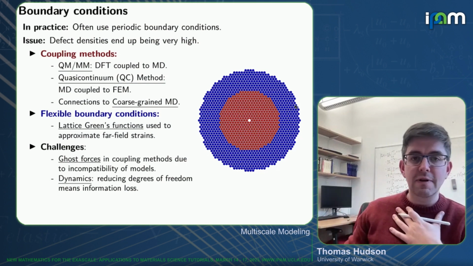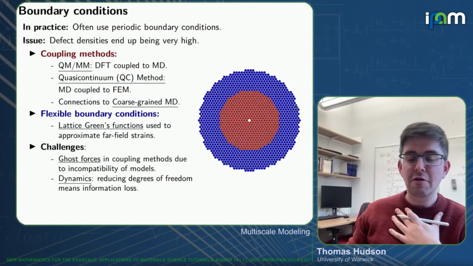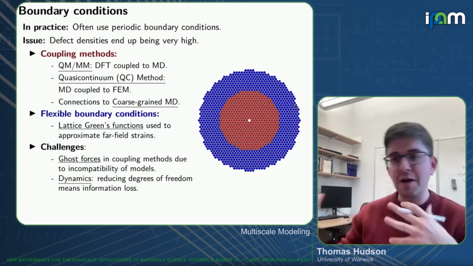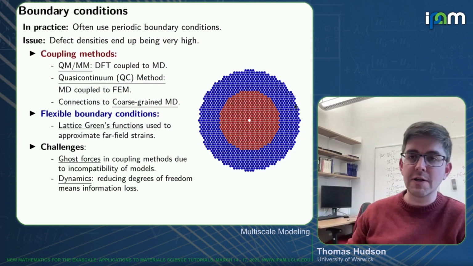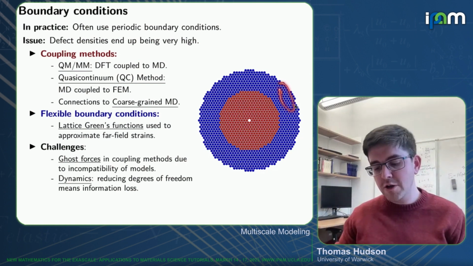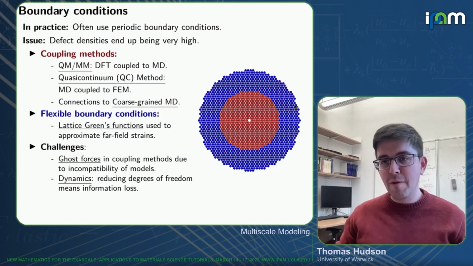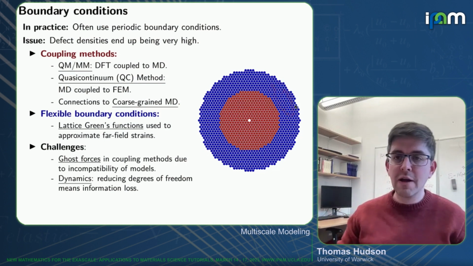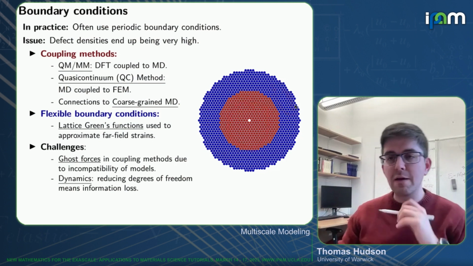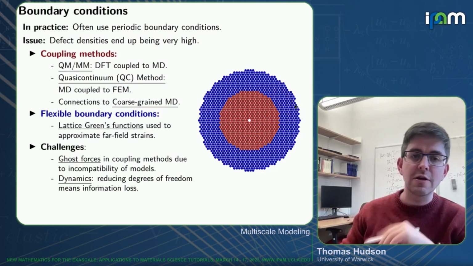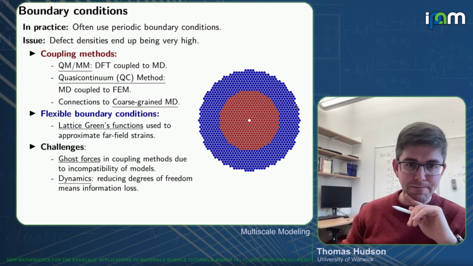And that's connected to some of these other approaches. It's just a different way of phrasing the same kind of idea. So I have some PDE theory that I apply in the blue region, or some approximate theory that I can solve nicely in the blue region, and I have something where I really keep the atomistic detail in the red region. I want to couple the two together somehow.